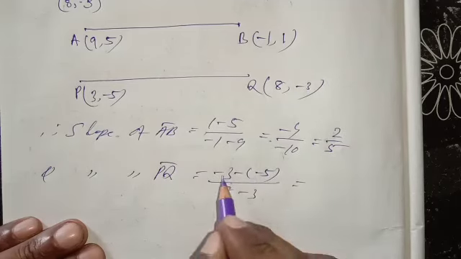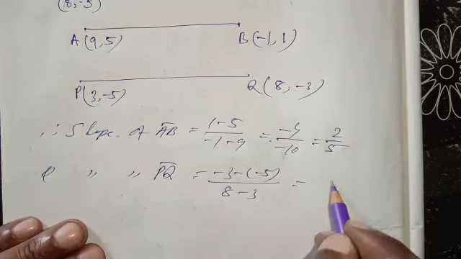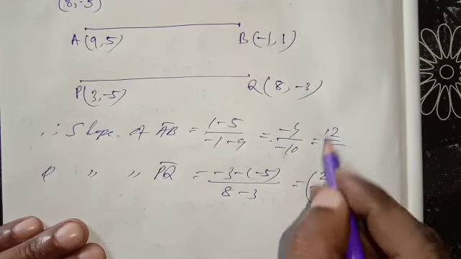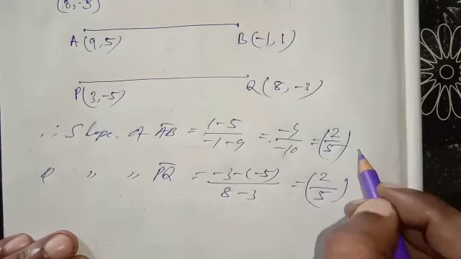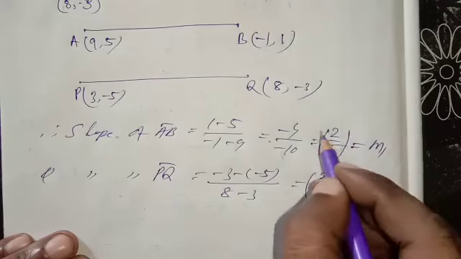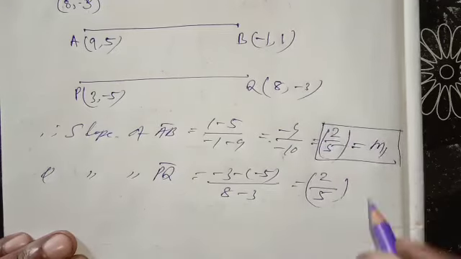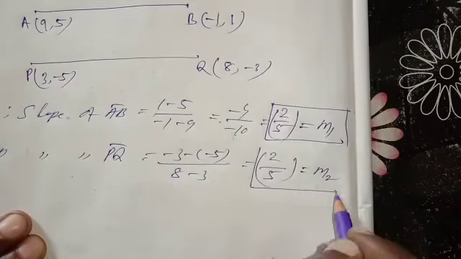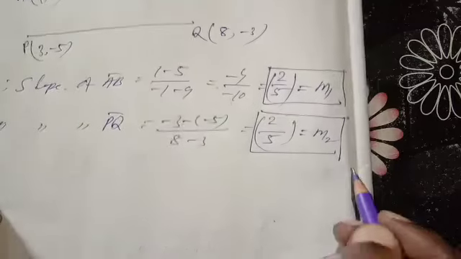It is coming minus 3 plus 5, which means 2, so 2 by 5. Now see, are both the slopes equal or not? Here m1 is 2 by 5, and m2 also comes 2 by 5. Is it clear?